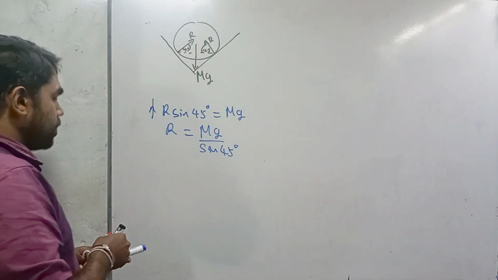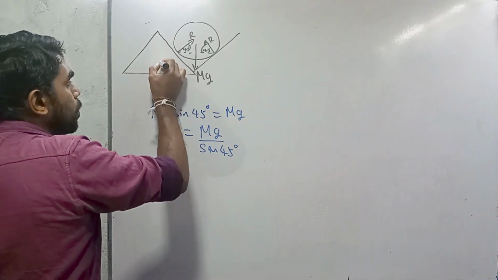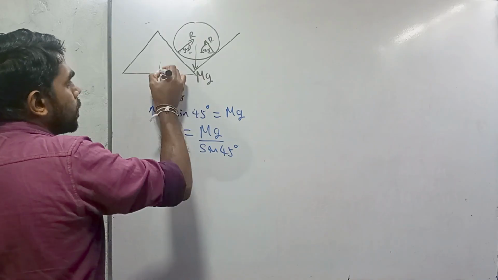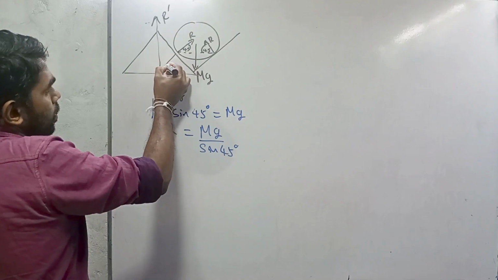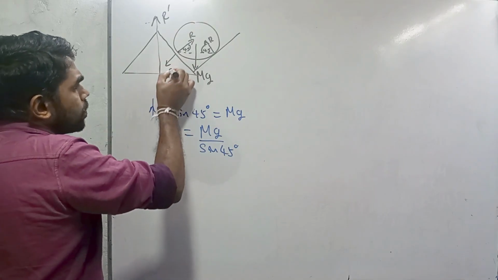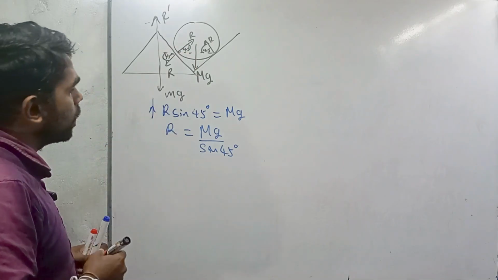Then I will consider forces on a wedge. Weight simple mg. I will consider reaction R dash, and there is a force R in this direction. This angle also 45 degrees.